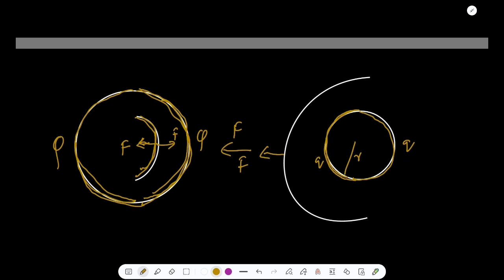So the net force acting on this larger hemisphere in this case is 2F. And our job was to calculate F only, but I can connect things like this. I can play games like this.